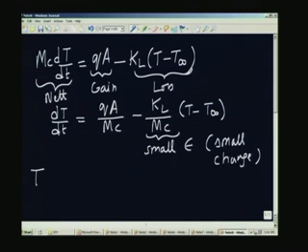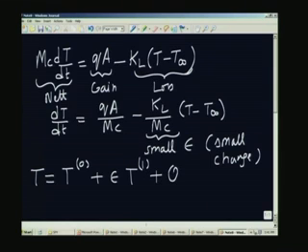So, I can do the following. I will assume that T is given by some dominant term T naught plus epsilon times T1, and of course higher order terms with epsilon squared and so on. I will say plus order epsilon squared, neglected. We neglect these terms.